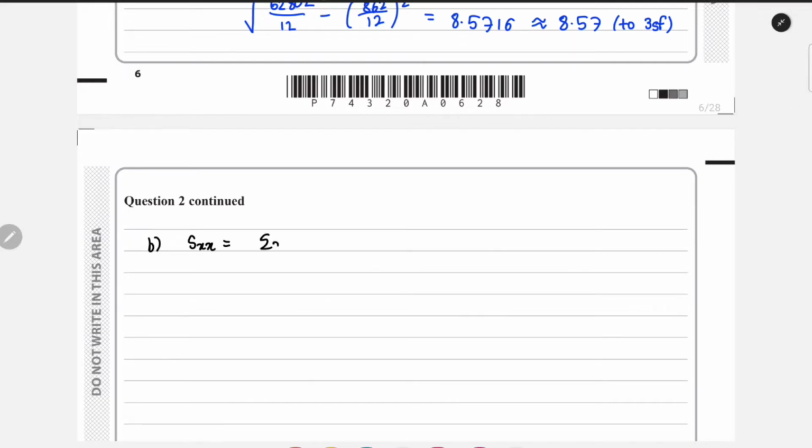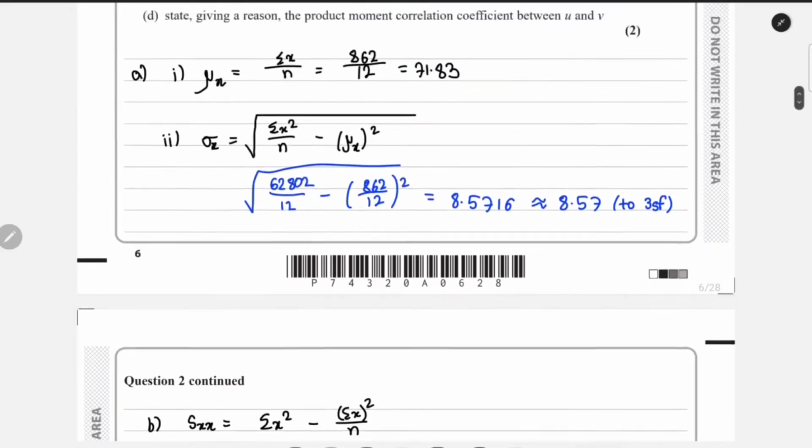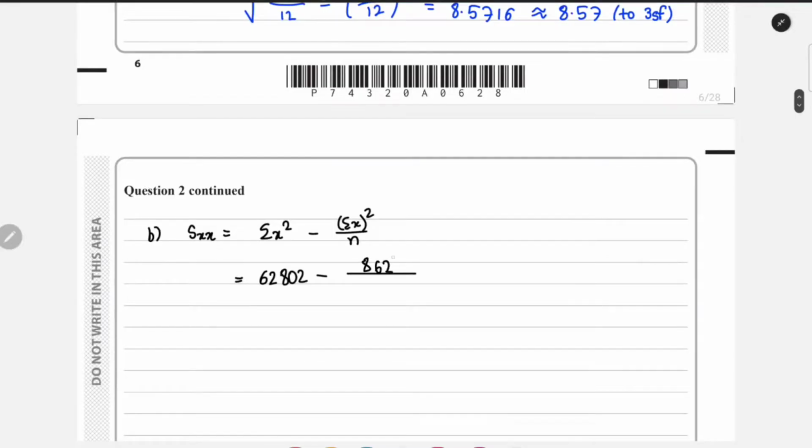Sxx would be summation of x square minus summation of x whole square by n. So this is 62802 minus 862 square by 12. We'll get 2645 by 3, or approximately 881.67.